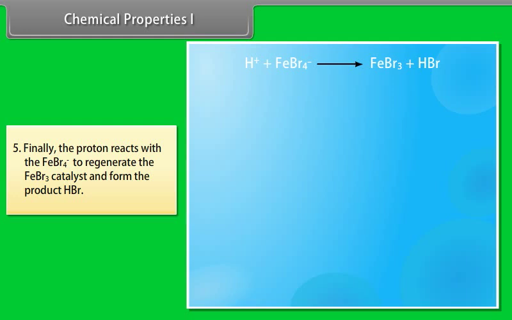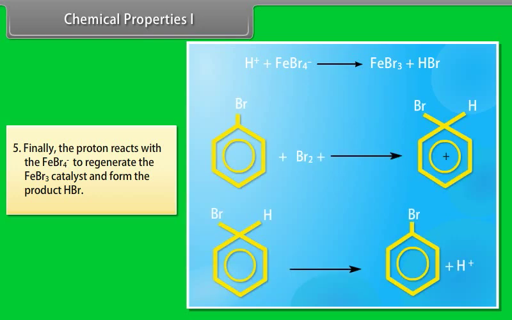Finally, the proton reacts with the FeBr4- to regenerate the FeBr3 catalyst and form the product HBr. You can summarize this particular electrophilic aromatic substitution mechanism like this.